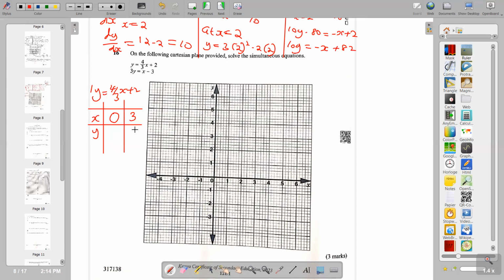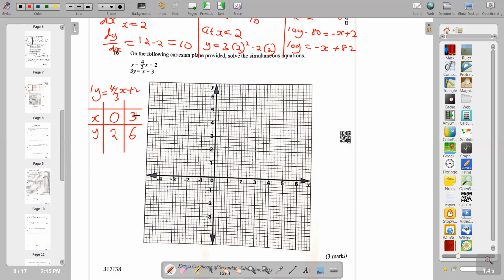So when x is equal to 0, find that y. And when x is equal to 3, so that is 4 over 3 times 3, so that is also 0. You can also try when x is equal to 3 and x is equal to 9, when x is equal to 12.